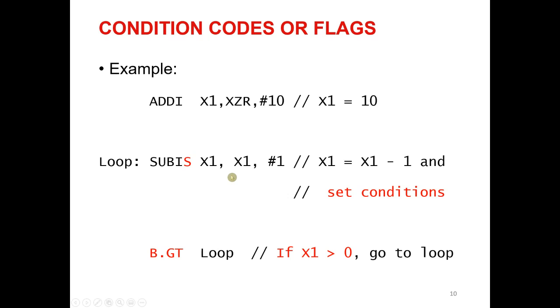Okay, makes sense? It's very important to notice here that we need to use the instruction with the S, because if we don't add this S to the sub I instruction, then flags will not be set, and this instruction here will not be doing what we want.